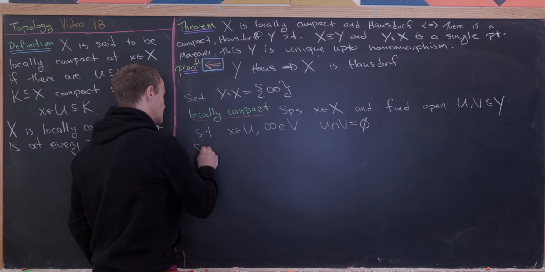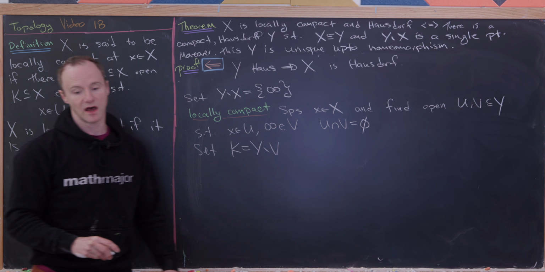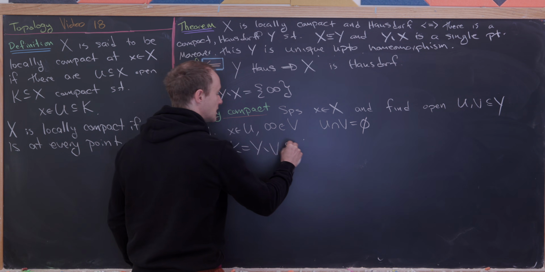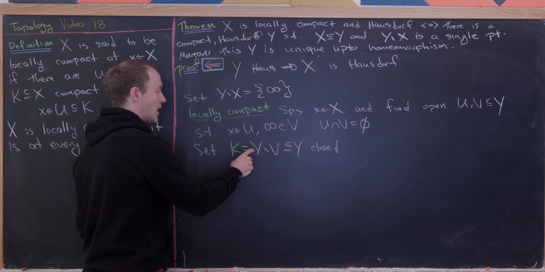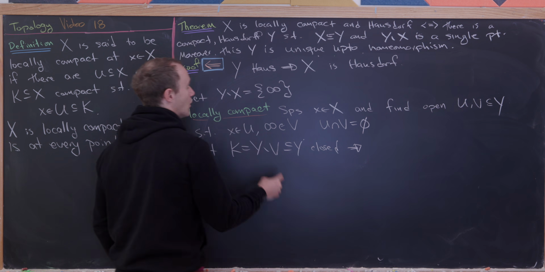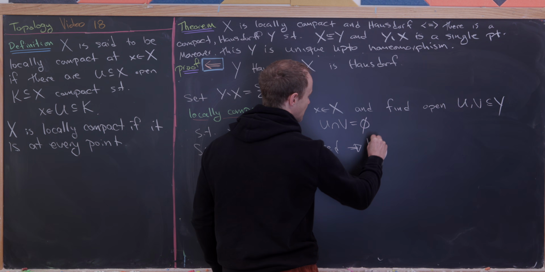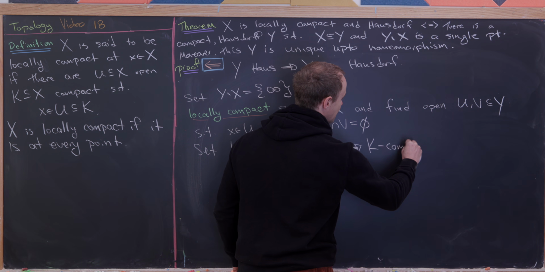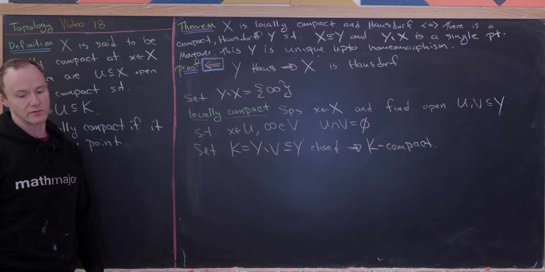But now what I want to do is set K equal to the complement of V. Let's notice that that is definitely closed inside of Y because it's the complement of an open set in Y. But now Y is compact, so any closed set of a compact space is compact. So that means K itself is compact. Okay, great.